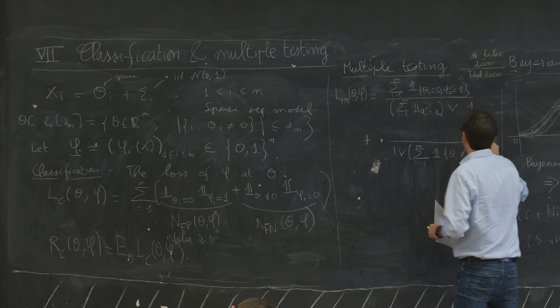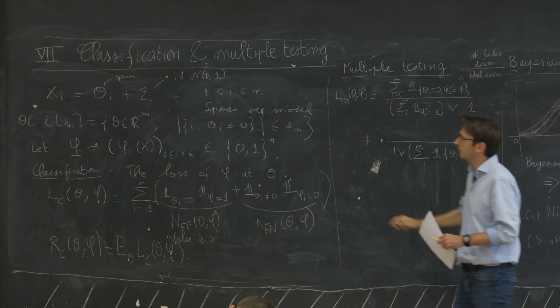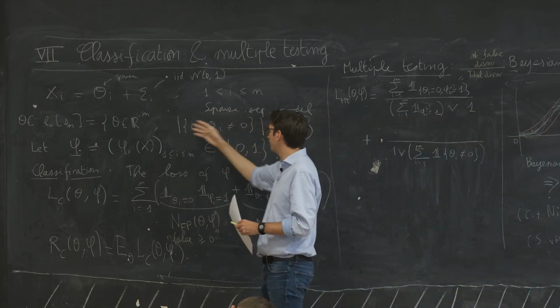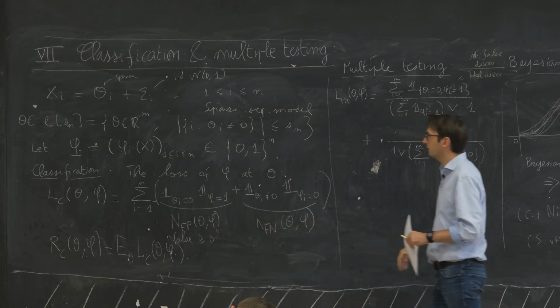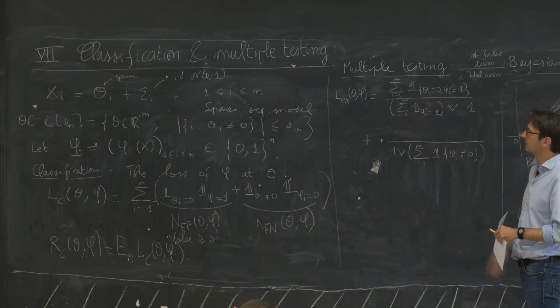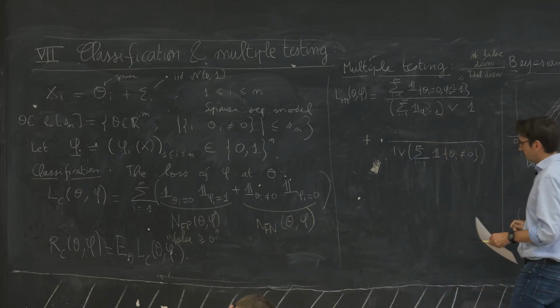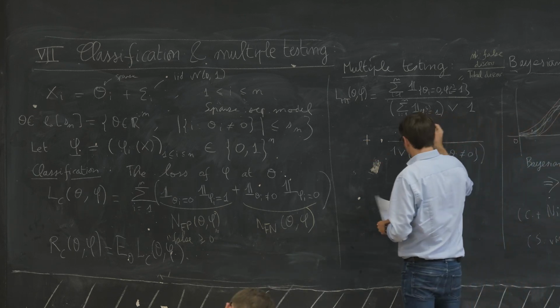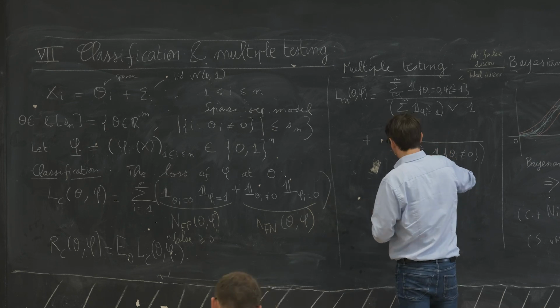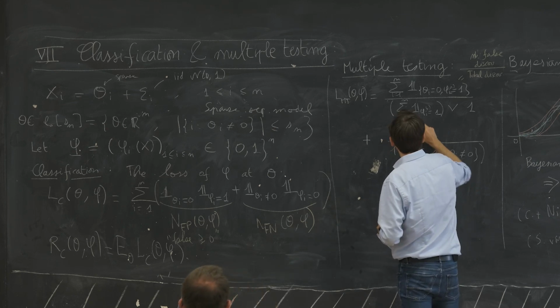In a moment, I'll assume that this is equal to S_n. So not considering the possibly smaller, but it's a bit easier to analyze both things simultaneously by assuming that we have exactly S_n non-zeros. So we divide by the number of non-nulls, and here we put just the number of false negatives.